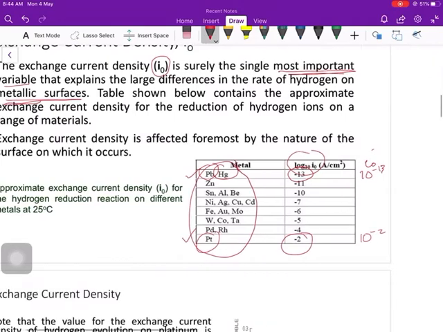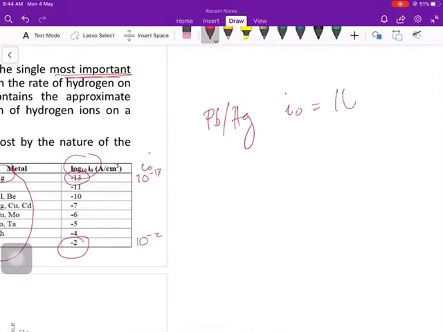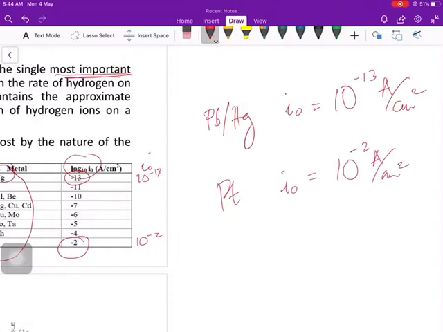This shows how fast the hydrogen ion can reduce to form hydrogen gas. This value shows the rate of reaction, i naught. So on lead or mercury, the exchange current density is 10 to the power of negative 13 ampere over cm square. On platinum, the exchange current density is 10 to the power of negative 2 ampere.